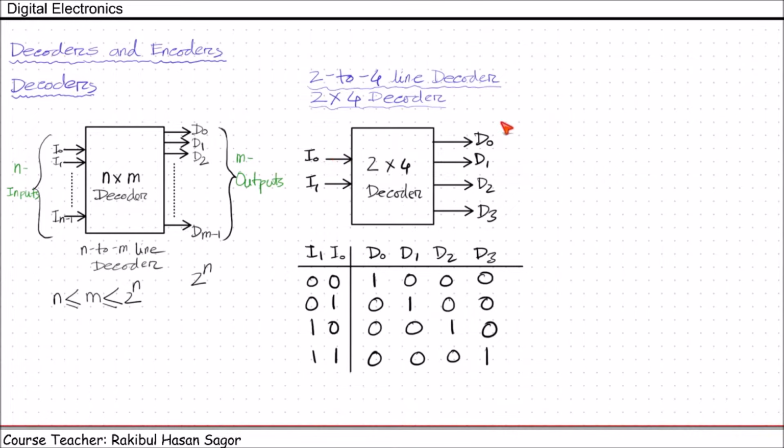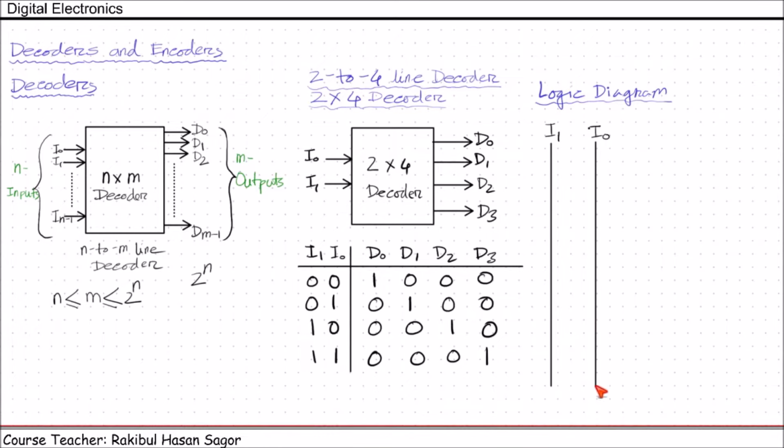Let us draw the logic diagram for this. We have 2 inputs, I1, I0. This line will represent the I1 input, this line will represent the I0 input. And these 2 lines will represent I0 prime and I1 prime.